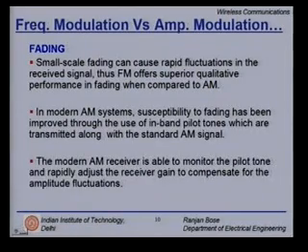So, the modern AM receiver is able to monitor the pilot tone and thus rapidly adjust the receiver gain in order to compensate for the amplitude fluctuations. You definitely have to pay a little bit in terms of power, but then your quality improves drastically. Still, AM is not as good as FM in fading scenarios.